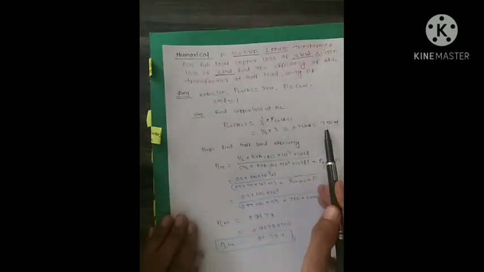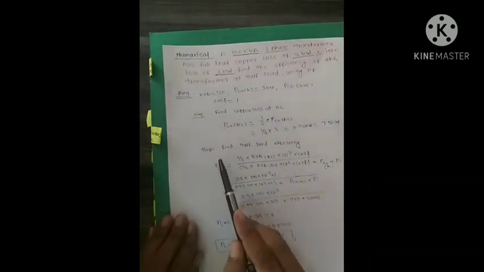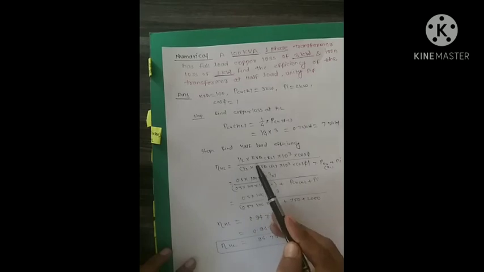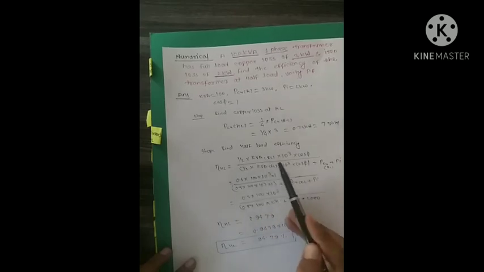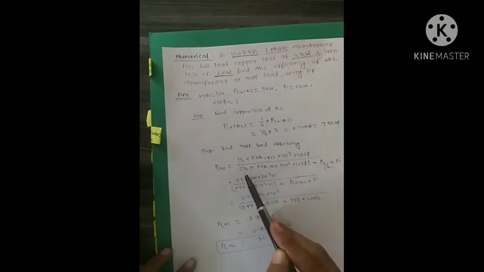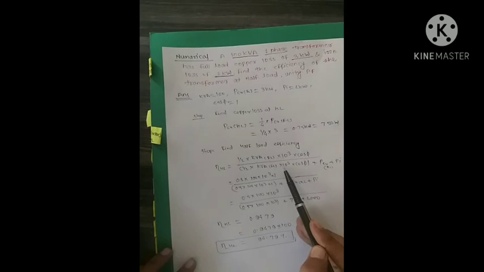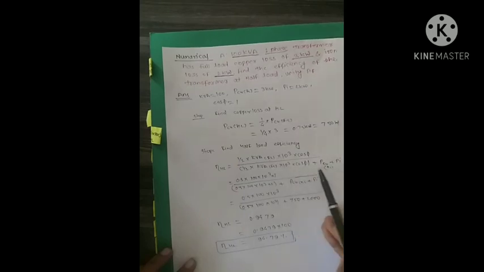This is 750 watt. Then we calculate the efficiency at half load by using the formula with PCU at half load plus PI.